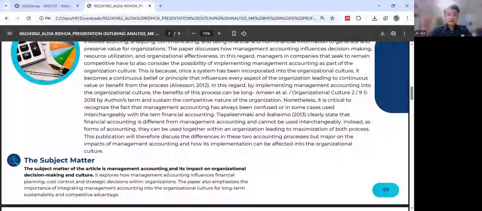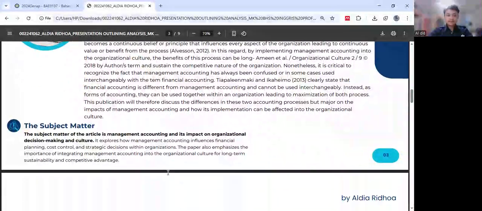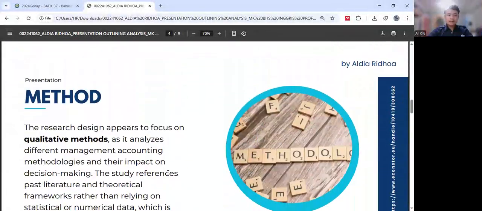The subject matter of the article is management accounting and its impact on organizational decision-making and culture. It explores how management accounting influences financial planning, cost control, and strategic decisions within organizations. The paper also emphasizes the importance of integrating management accounting into the organizational culture for long-term sustainability and competitive advantage. Okay, next slide.